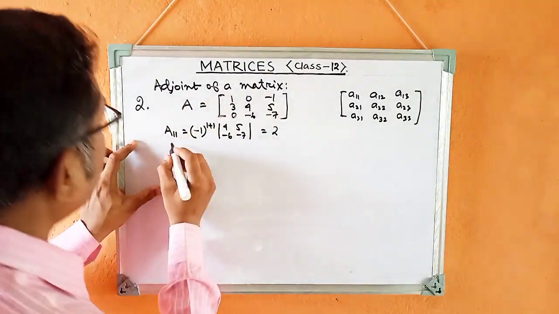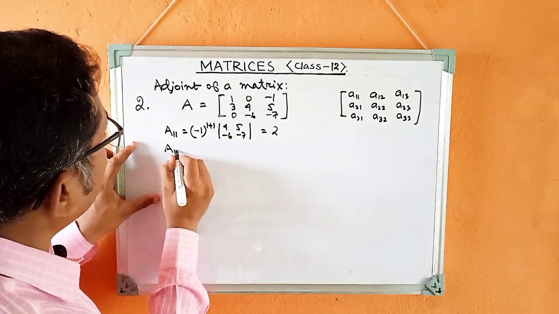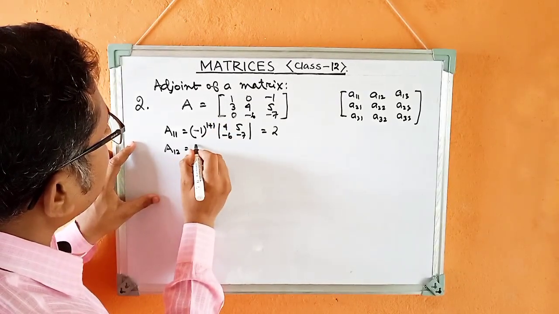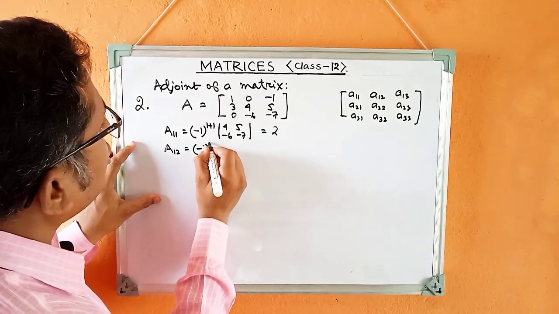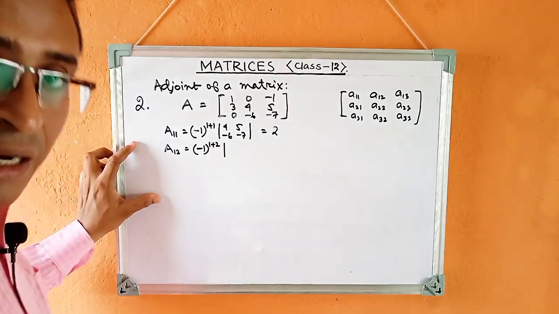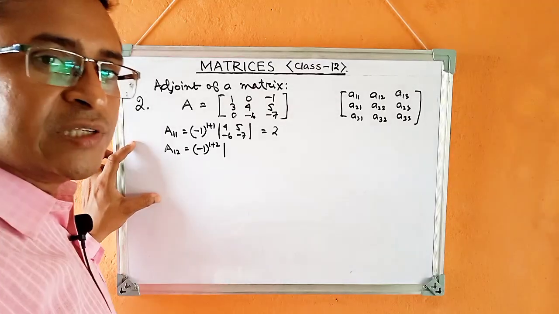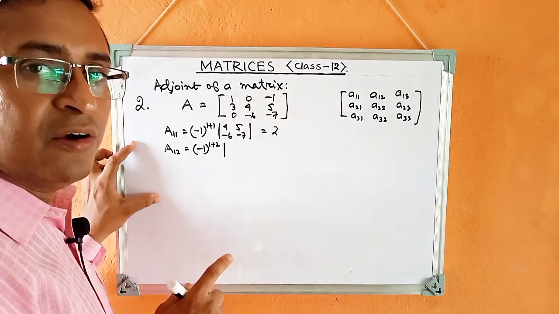Now the cofactor of A12. Capital A12 means minus 1 to the power 1 plus 2. To better understand how to find cofactors, you can see my determinant video.